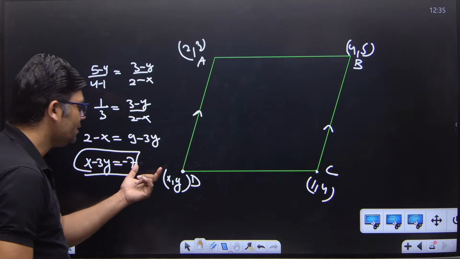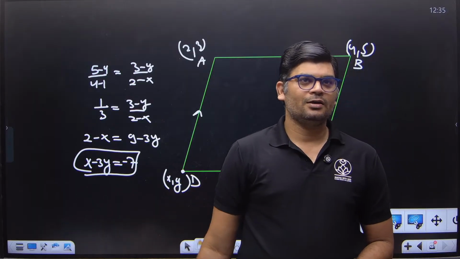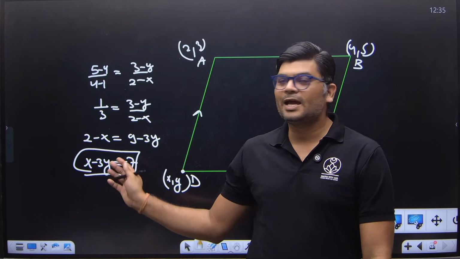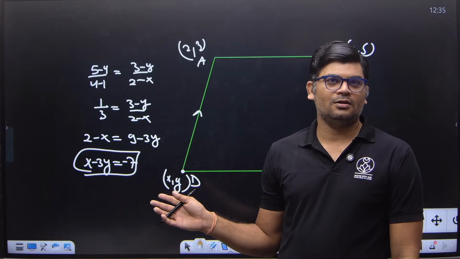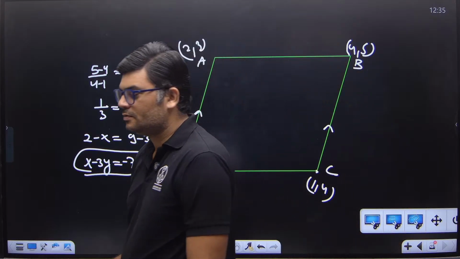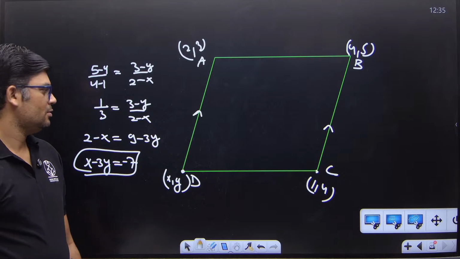Then how will you find this x and y? That means you are saying that there are infinite x and y which solve this equation. This is a straight line. So x and y is a point, it is not a line. So this idea will not work. Cross multiplication doesn't work.